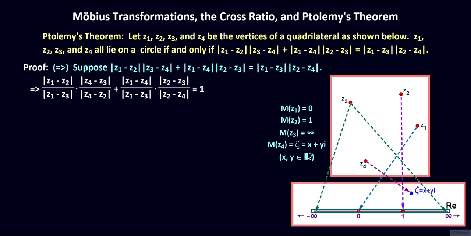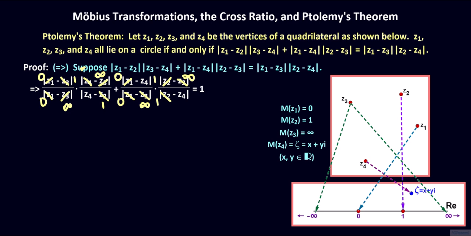Taking advantage of the invariance of the cross ratio under Möbius transformations, we replace z1 by 0, z2 by 1, z3 by infinity, and z4 by zeta.